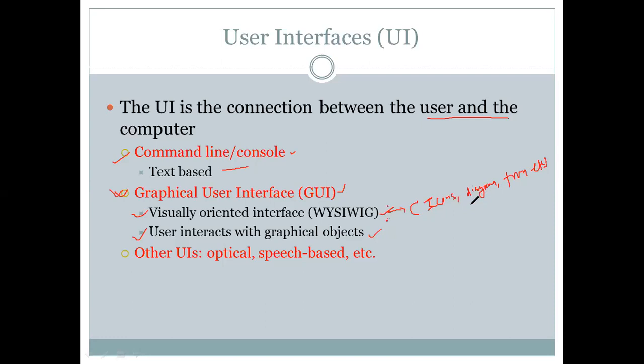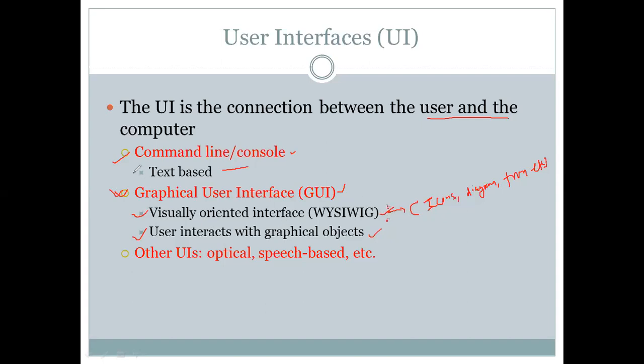In this type of interaction, the user is interacting in a real-time environment, or real-time interactiveness is performed. So this is called visual oriented interface. Is it clear?